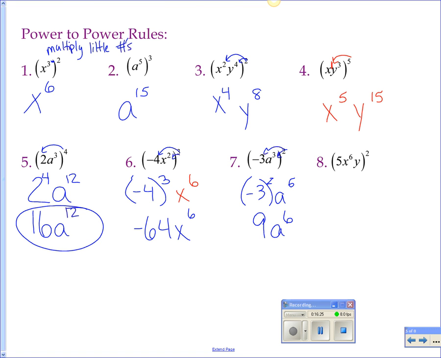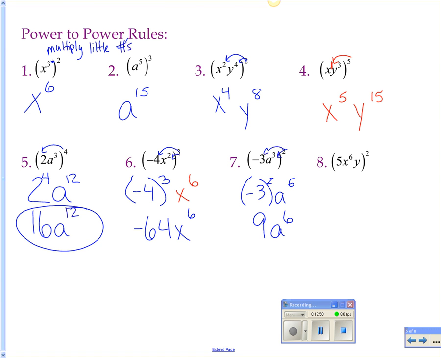Why do you get positive 9 if it was a negative 3? Okay, so what does negative 3 to the 2nd mean that the calculator's doing? Negative 3 times negative 3. What's a negative times a negative? Positive.